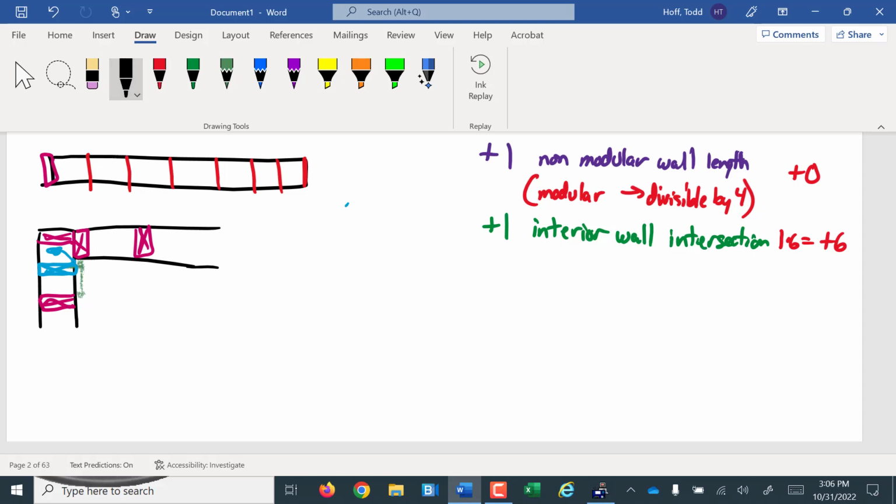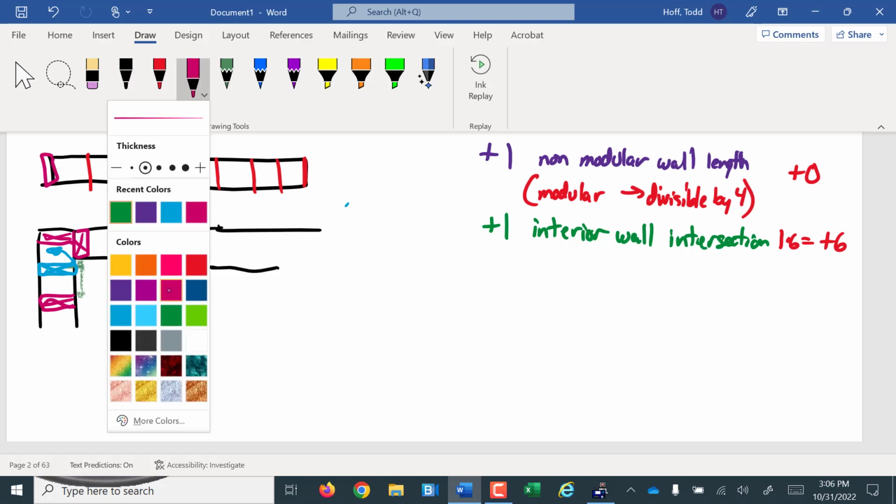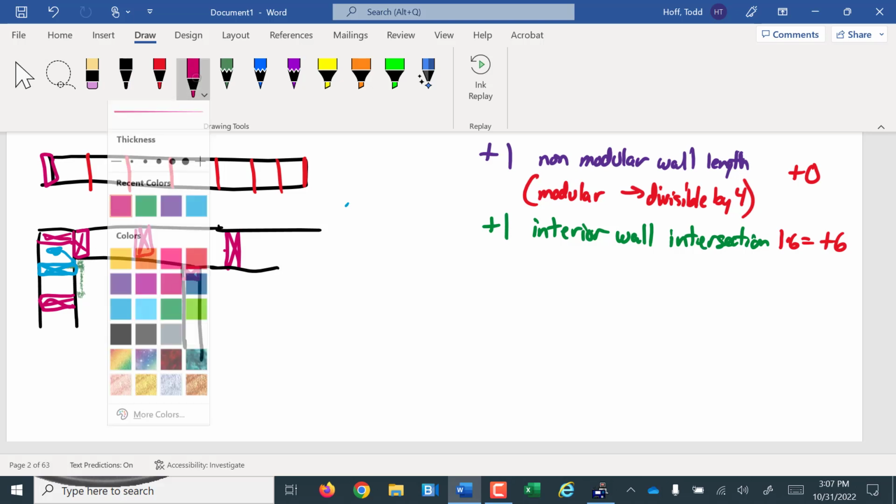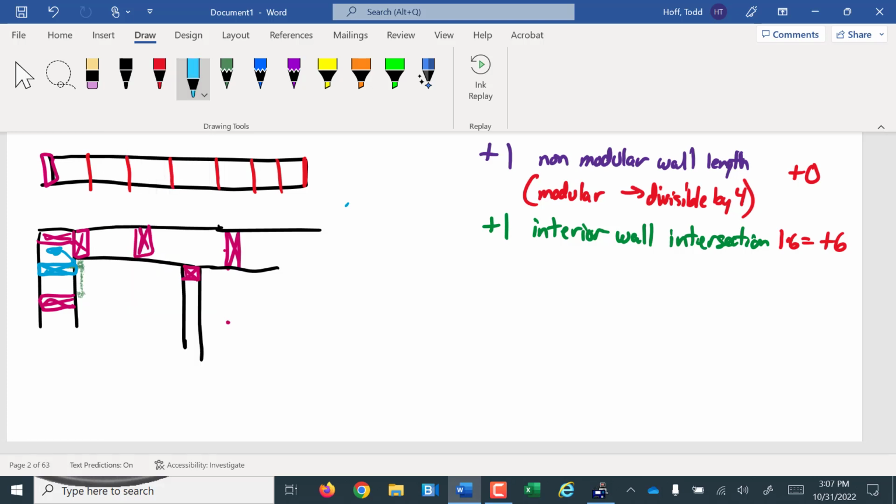Why would you have to add studs for an interior wall hitting your exterior wall? Well, once again, here, let's say there's my normal stud spacing, but my interior wall hits it like right there. So there's going to be a stud on the interior wall here. I can nail when I put in sheetrock. I'll be able to nail here.